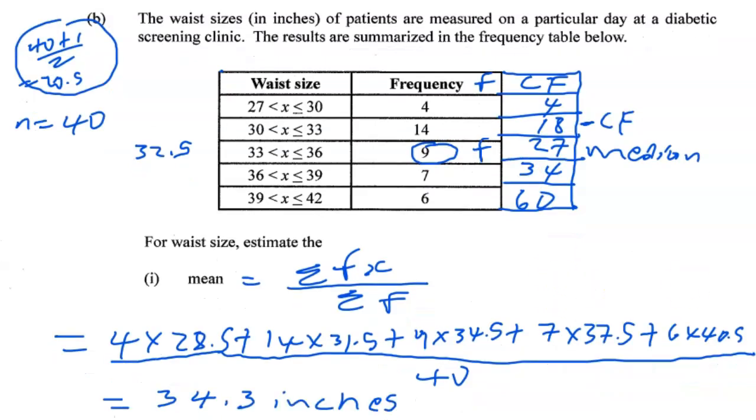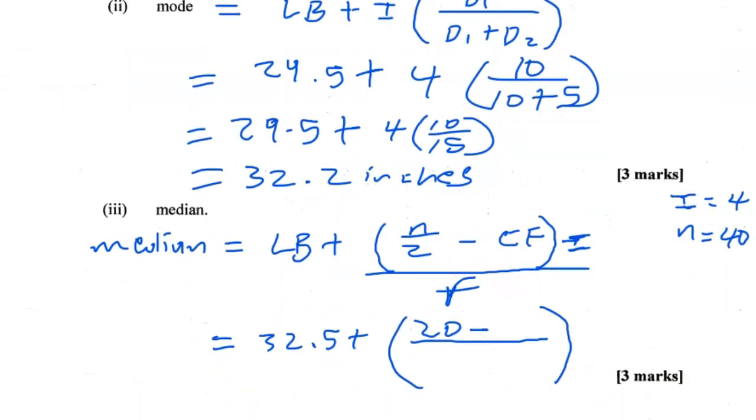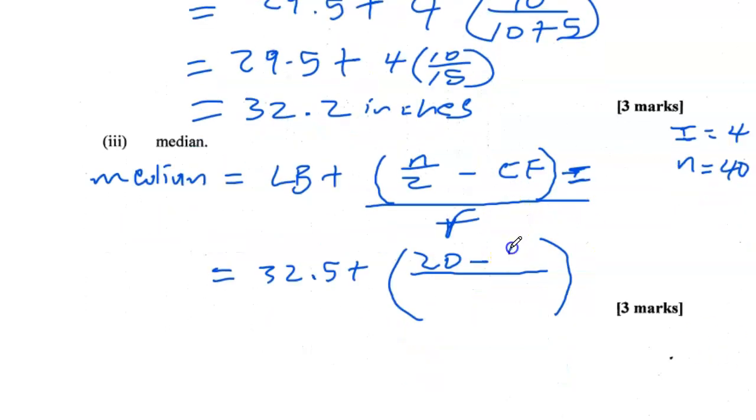So we go back to the calculation. CF is 18, F is 9, and we're multiplying this by the class interval, that's 4.